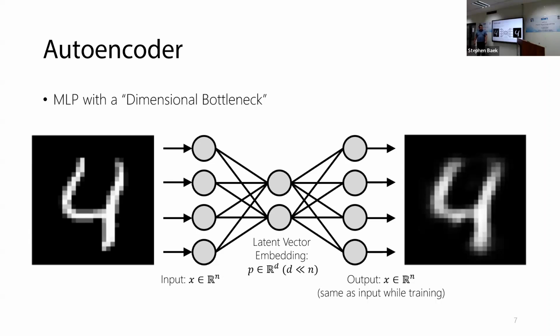There's got to be a better way of representing the number, the style of writing. You should be able to do that with a smaller set of numbers. To do it manually, I would define something like the height of the digit and the width of the digit. So those are 2 parameters.